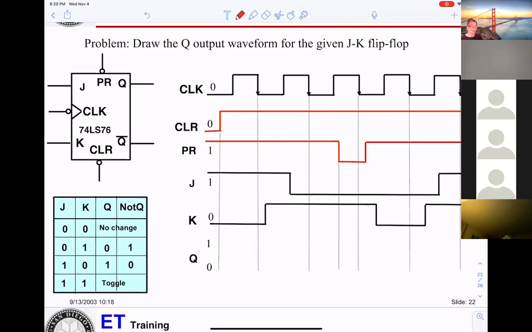At the beginning, what is clear? Clear equals 0, right?